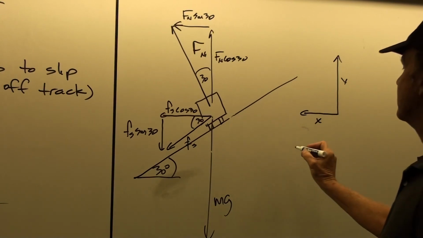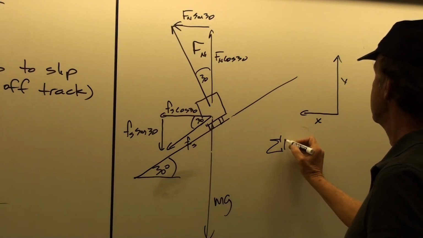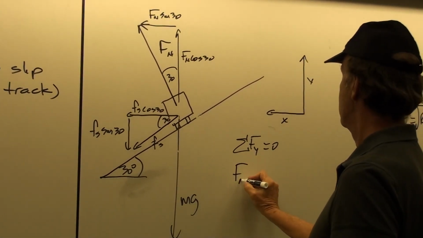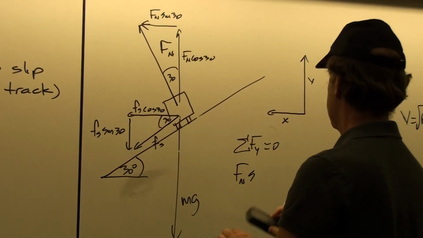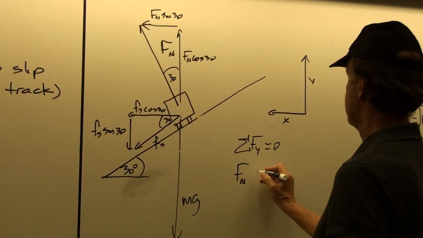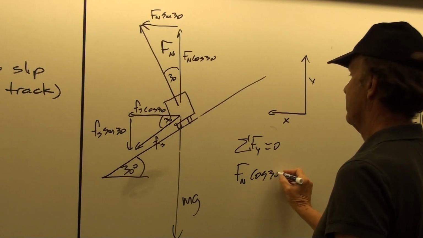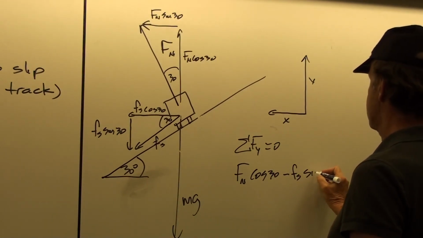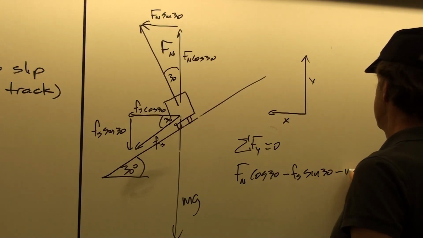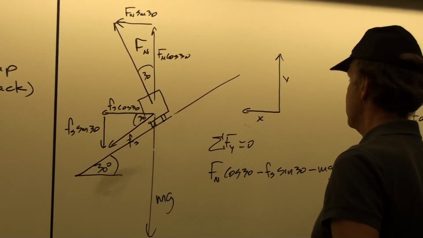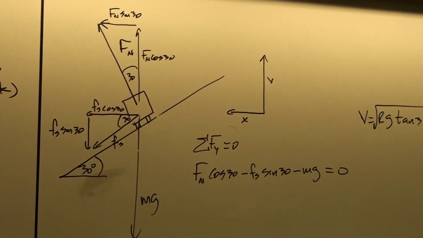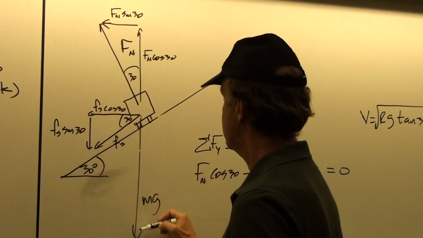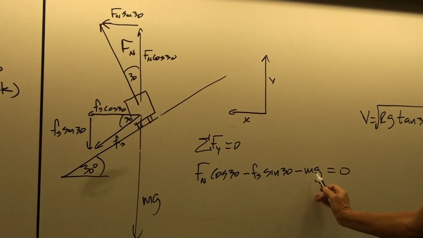So here then we can say that the sum of the y forces is equal to 0, or F normal cosine 30 minus F static sine 30 minus mg equals 0. That's the sum of our y forces. This force is positive. These two are negative, which is what I've got here.